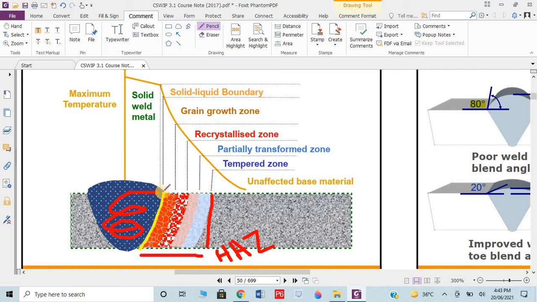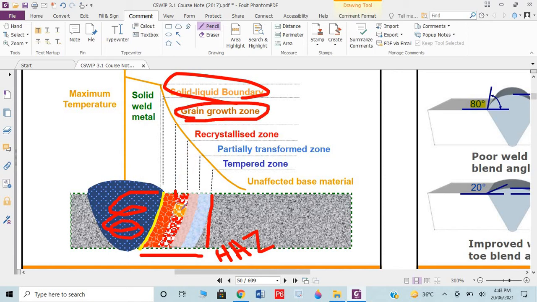Now you can see here this line going dotted here, follow this line, the solid-liquid boundary or fusion boundary. Then from this area, the solid-liquid boundary, to that area that is almost close, this one is the grain growth zone. What is grain?